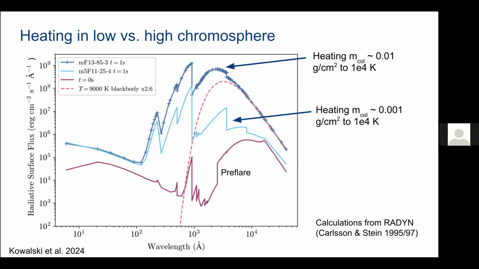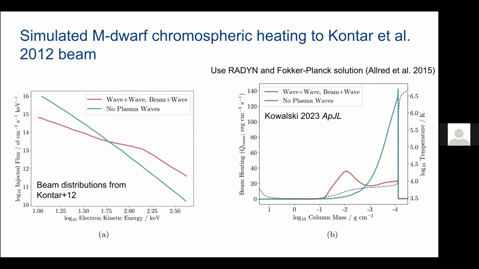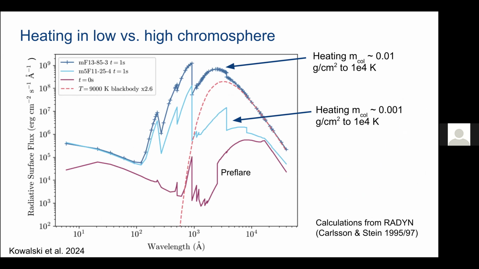Let me go back real quick. So if you heat this here to 10,000 degrees, you'll produce an optically thin recombination spectrum, large Balmer jump, recombination edges. If you heat this column mass to 10,000 degrees, you'll produce a spectrum that's a lot more like a 10,000 K blackbody. And that's what we show here with an actual radiative hydrodynamic simulation.